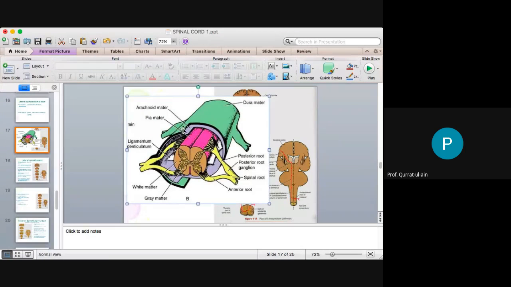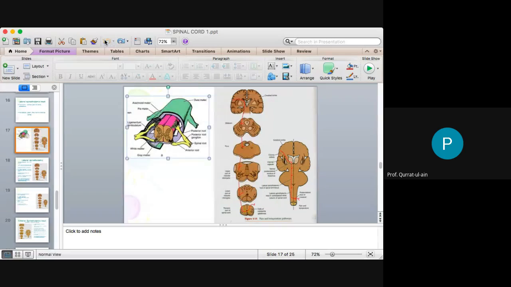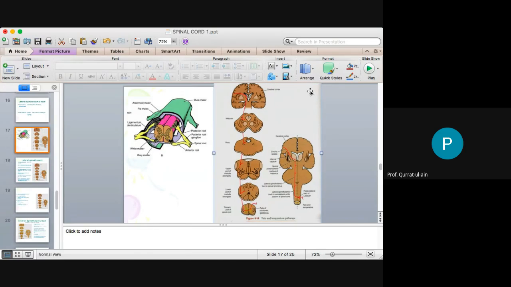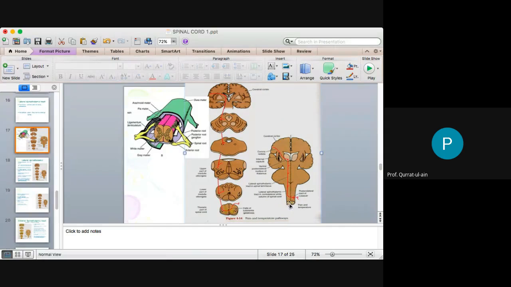As they ascend through the spinal cord, they move through the medulla and pons, and then they join together. They don't mix, but they are very close to each other. You see this vertical disposition here. This is the whole pathway of these tracts, right? This is the spinal cord, the brainstem and the cerebrum.